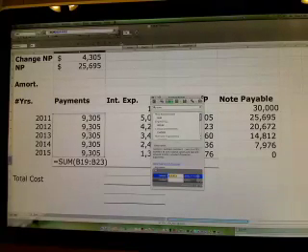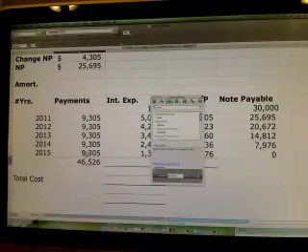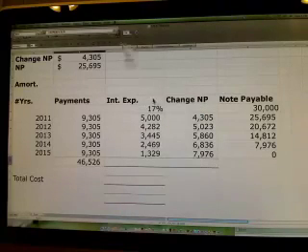So it's selected all 5 of my years. So just hit enter. And that right there is your total cost at $46,526.